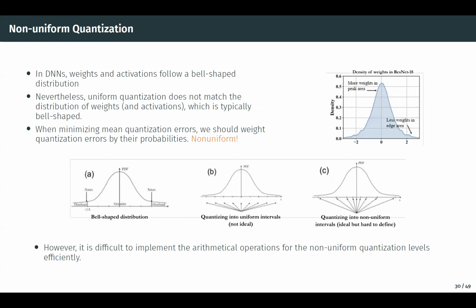So that was about uniform quantization, which normally works well in most cases. But it is also noticed that most weights in neural networks follow this distribution. It's a normal bell-shaped distribution. So we have more weights closer to zero than the extremes.